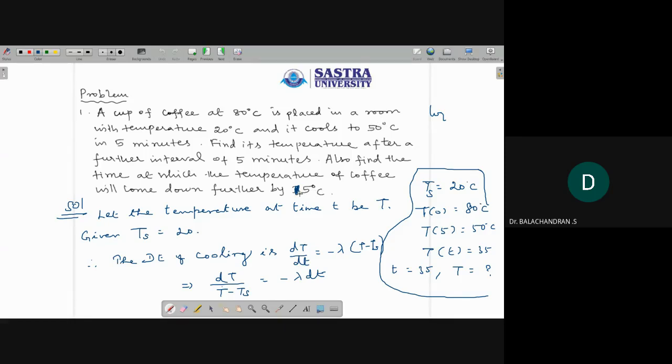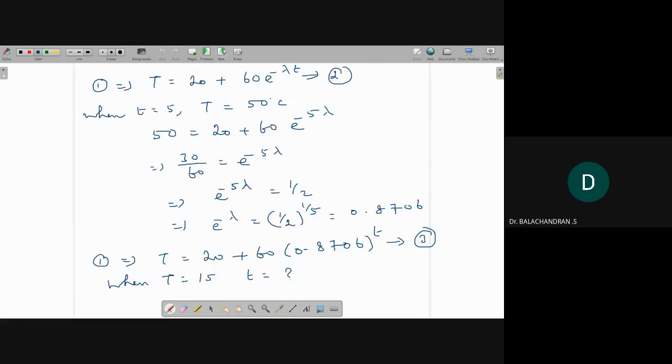If I take further by 15 degree, now it is 35.